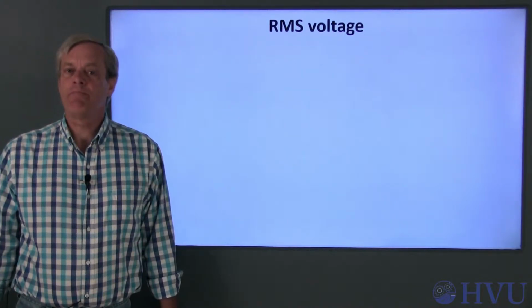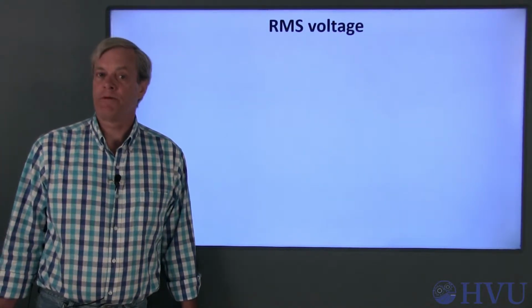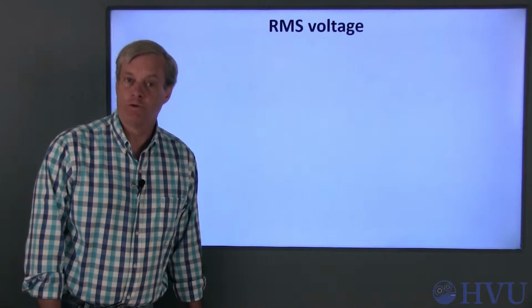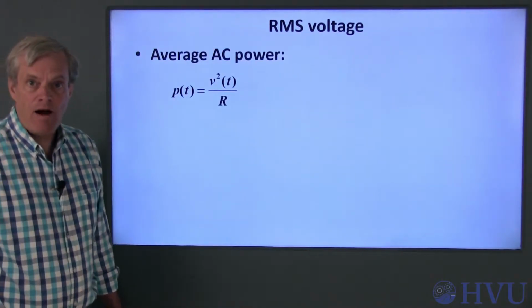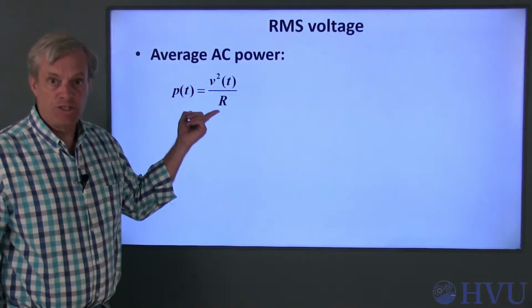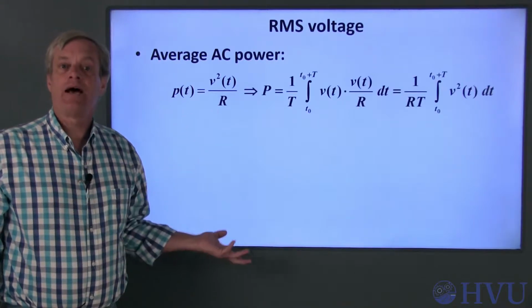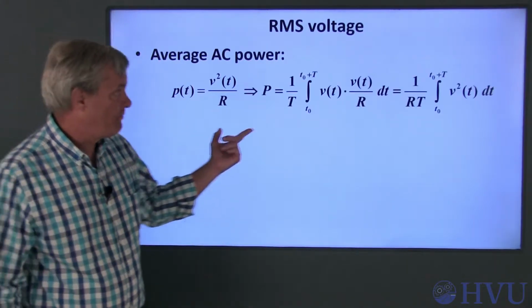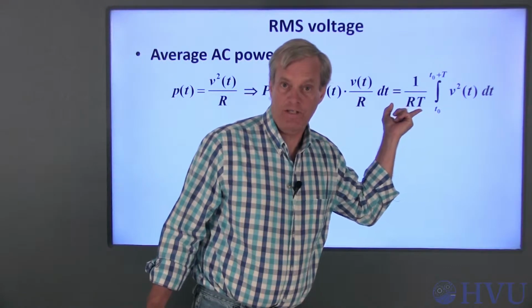Now let's go through the same process for the resistive power dissipation resulting from a time-varying voltage. The instantaneous power is just the square of the voltage divided by the resistance. Calculating the average power as before results in this expression.